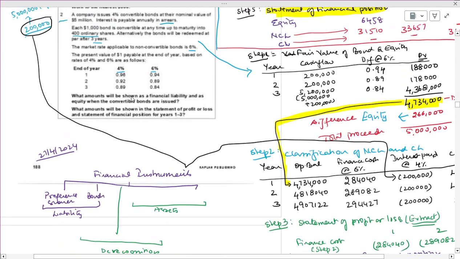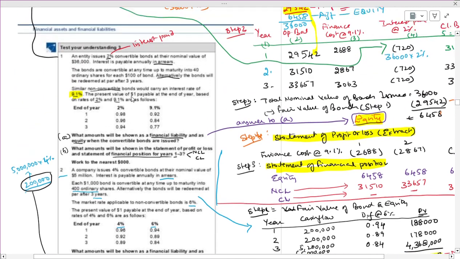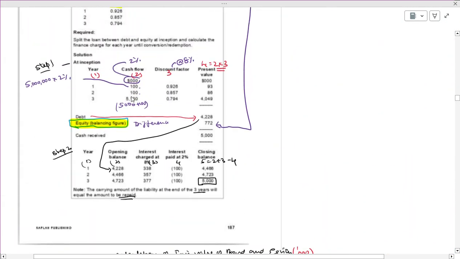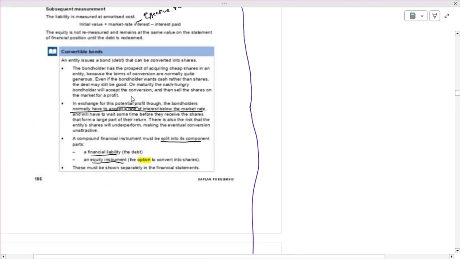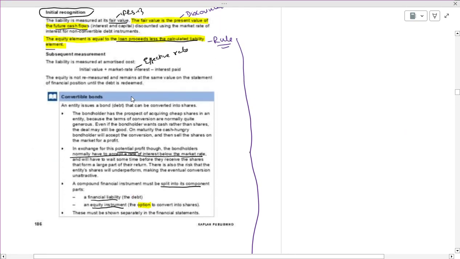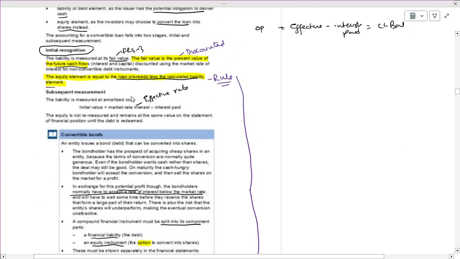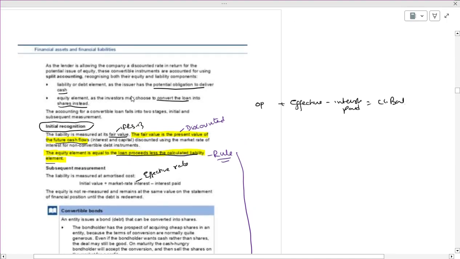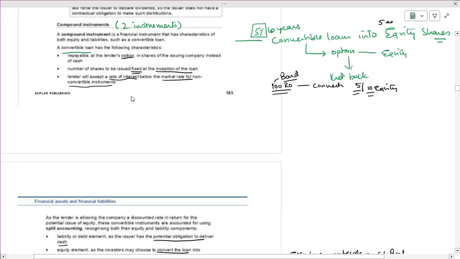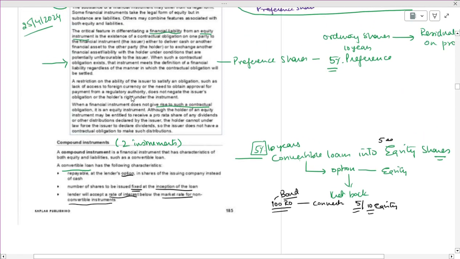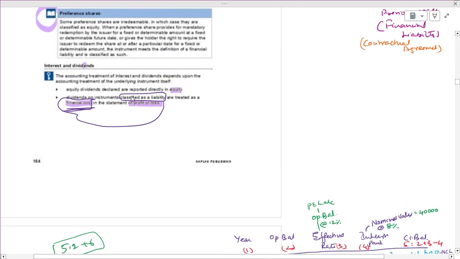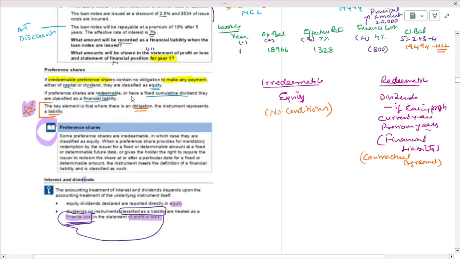Here they have mentioned it very clearly. Initial recognition, this is preference shares, this is compound instruments.